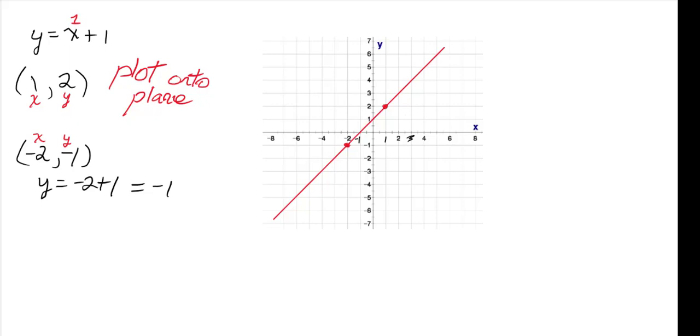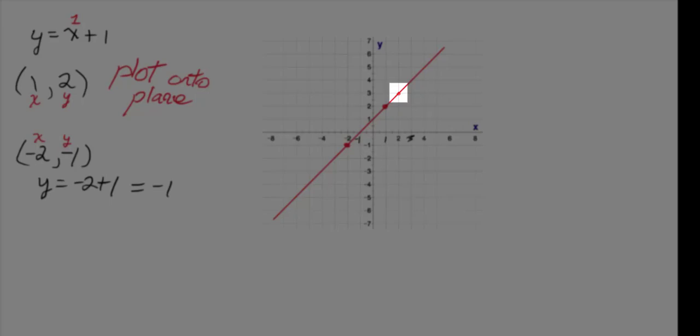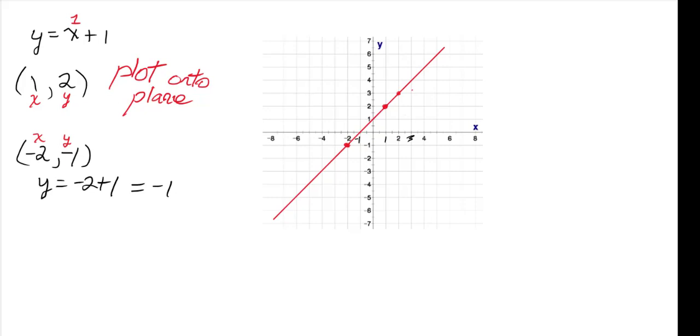Now what I want us to do is look at every other point and pick one that belonged on this line, but not the ones that we created or found. Instead, let's say I go to this point right here. Okay. And what point would that be? It would say x is 2, y is 3. So do this pair of numbers, if I substitute them into the variables x and y, do they make the original equation true?